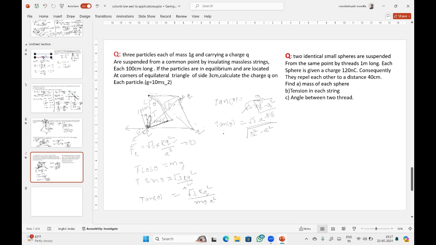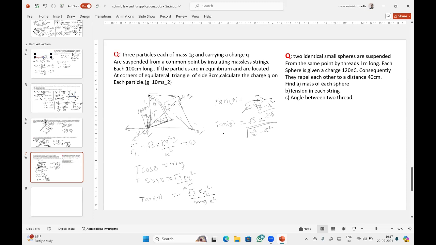This is the tan theta value. Now we substitute this tan theta value.